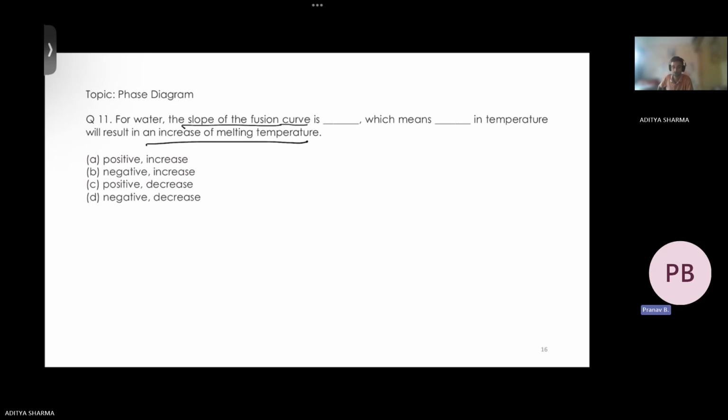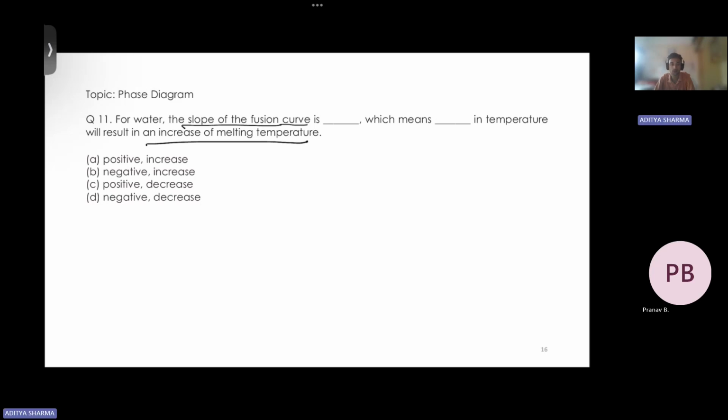The slope should be negative, and the other one is increasing temperature. Okay. So the slope will be negative, right?